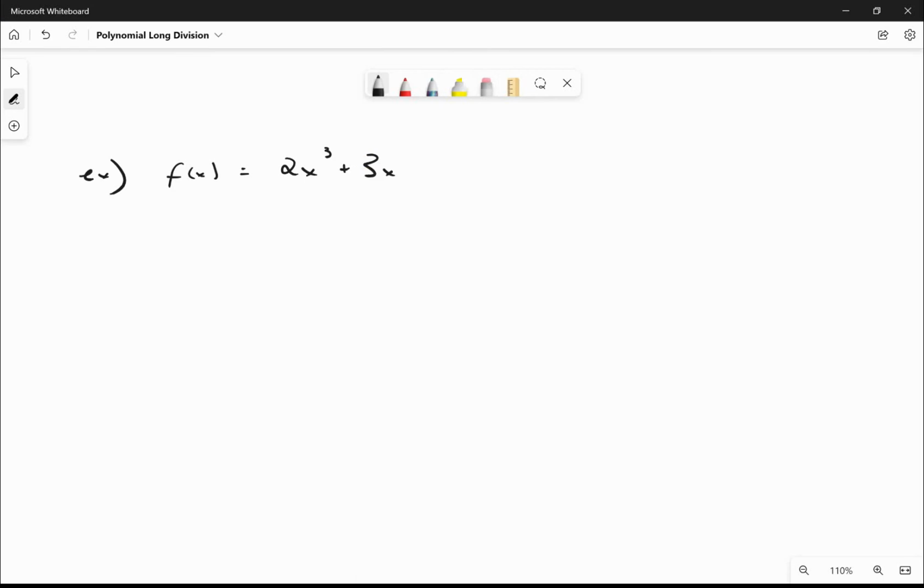So let's take this example here. This is improper because, if we write this as p over q, the degree of p is 3, and the degree of q is 1.